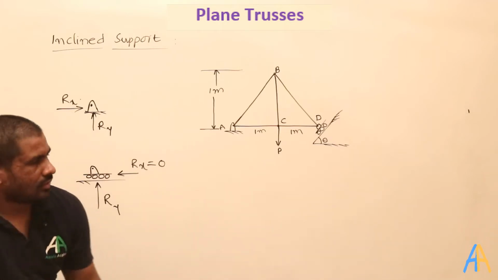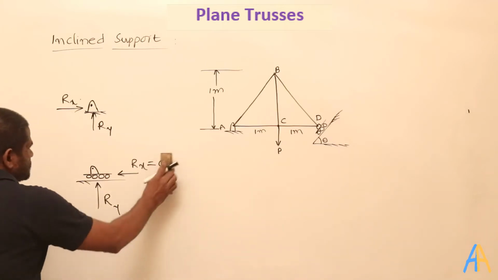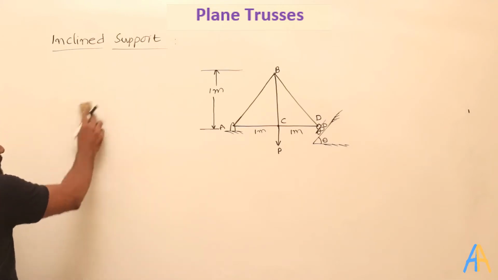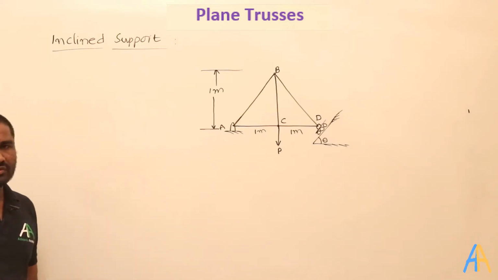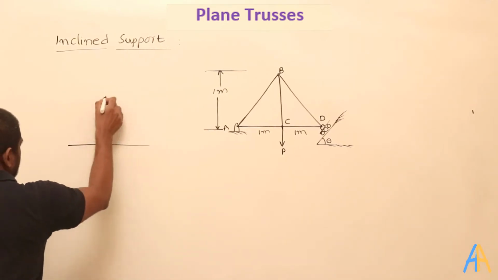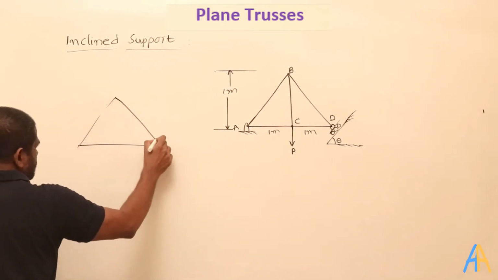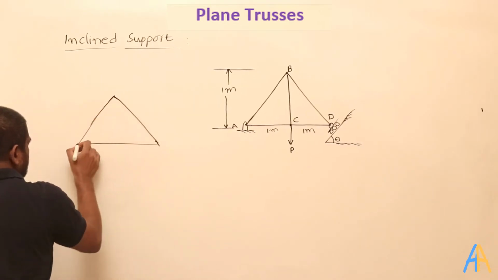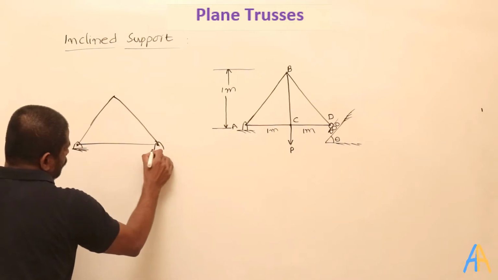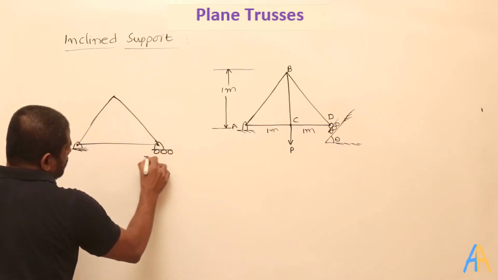In the previous case we have seen when both the supports are horizontal, for example the same problem I will take here. This is the fixed one, and here we have the roller, and the roller support is also horizontal.